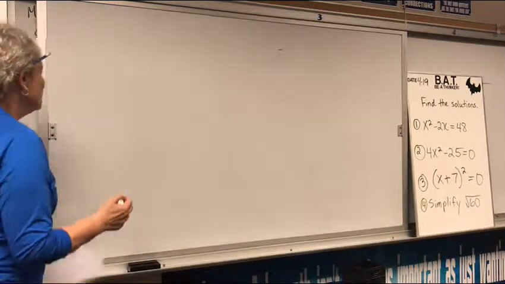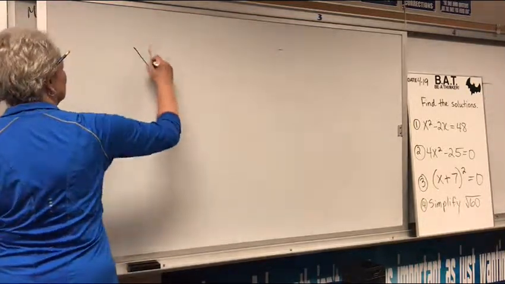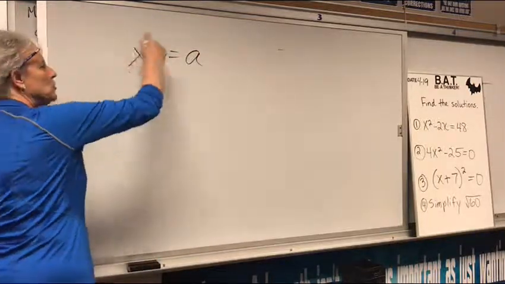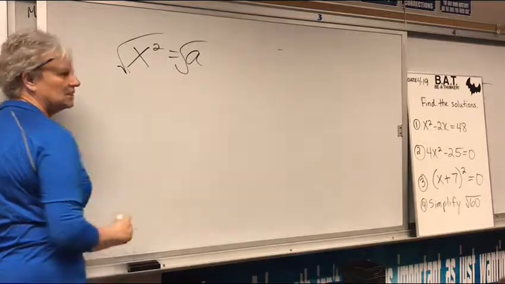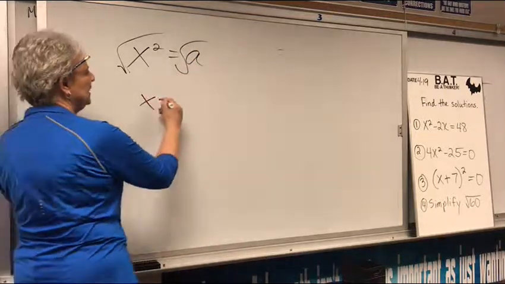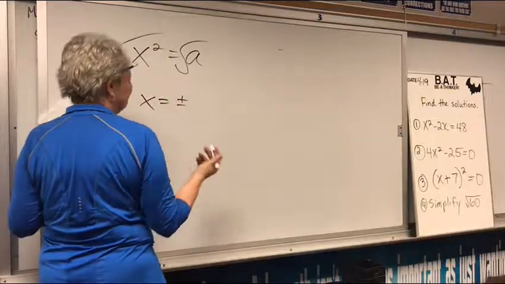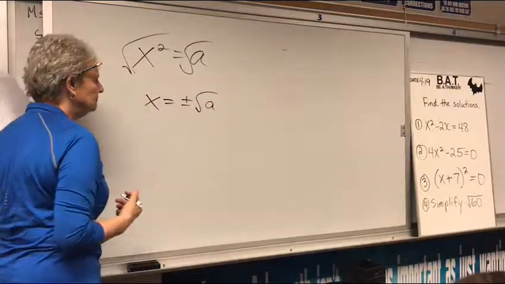All right, so there's a rule that says you can take the square root of both sides, and then x equals plus or minus whatever a is, okay? We don't know.